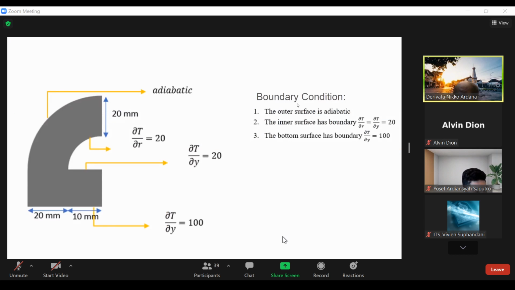The first is the outer surface is adiabatic, and the second is the inner surface has boundary ∂T/∂r equal to ∂T/∂y equal to 20. And the third is the bottom surface has boundary ∂T/∂y equal to 100.